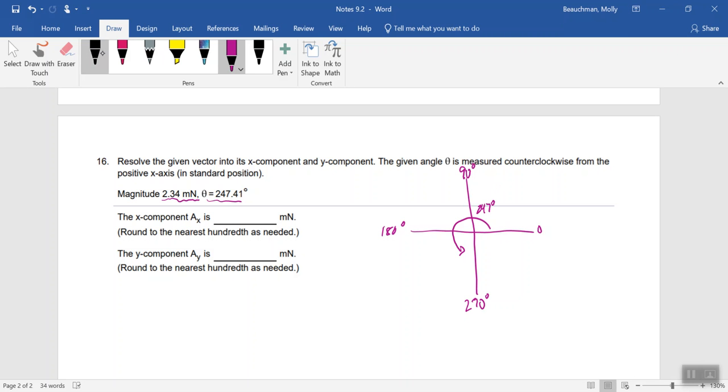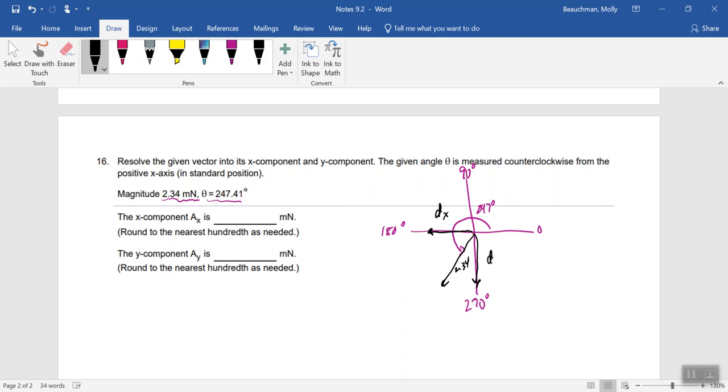I'm going to go ahead and draw my vector. And my vector is 2.34 is the magnitude. So what I'm trying to find is the two resultant vectors. Okay, so I'll use d subscript x and d subscript y again.